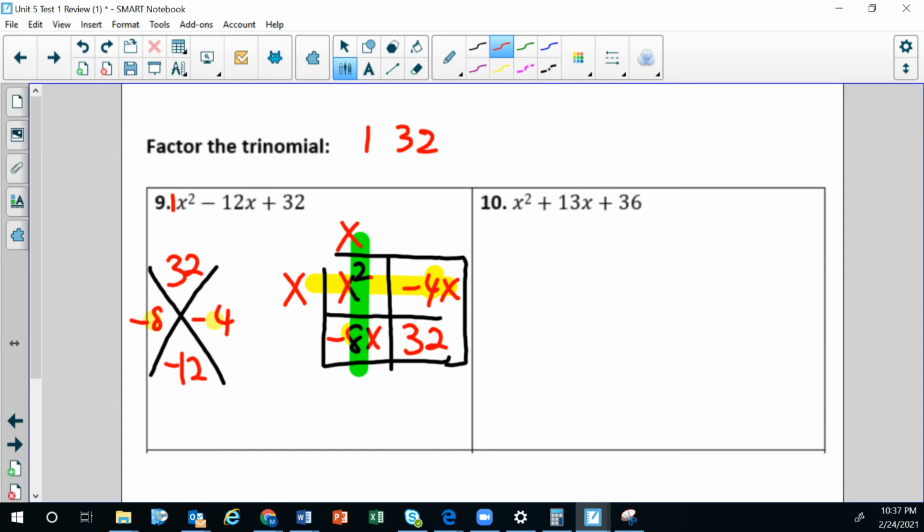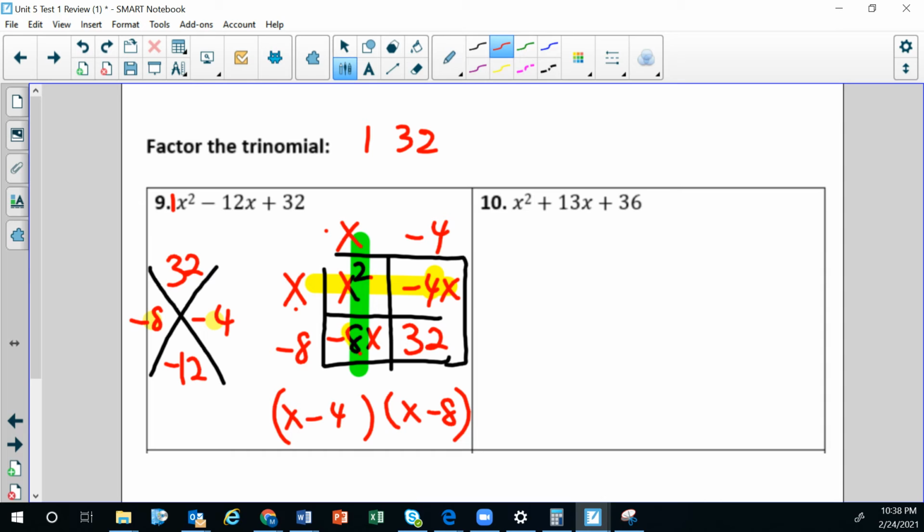And then what number times x gives me negative 4x? That's negative 4. I'm sorry, negative 4. And what times x gives me negative 8x? That's negative 8. So my factors are x minus 4. I'm sorry. Did I make a mistake somewhere? Okay, that's correct. x minus 4 and x minus 8.